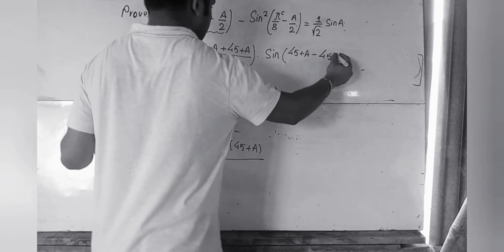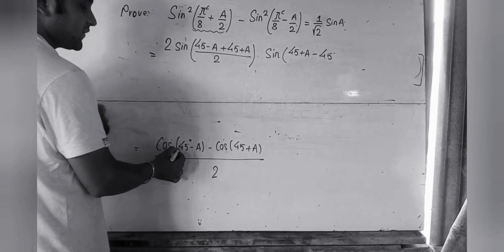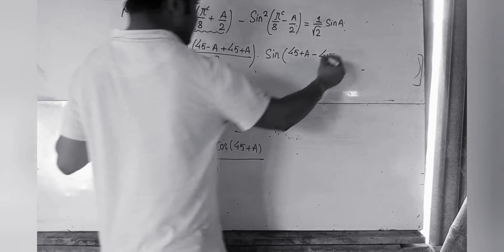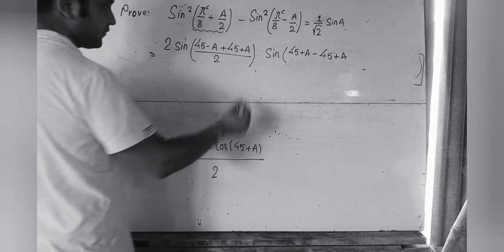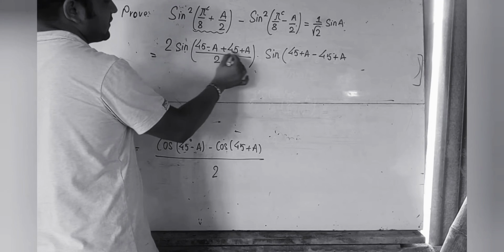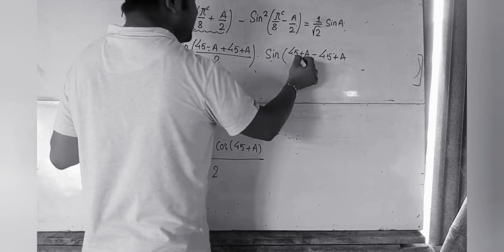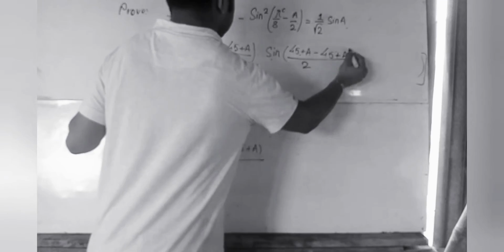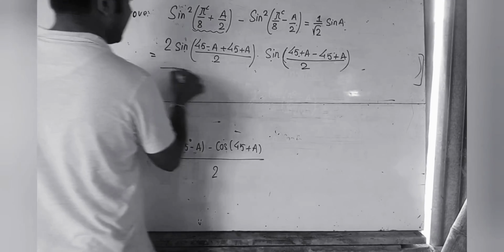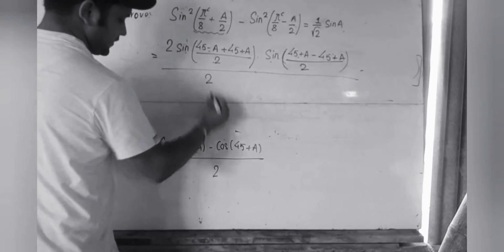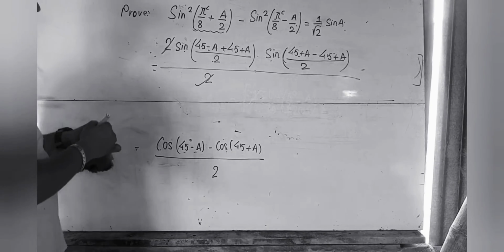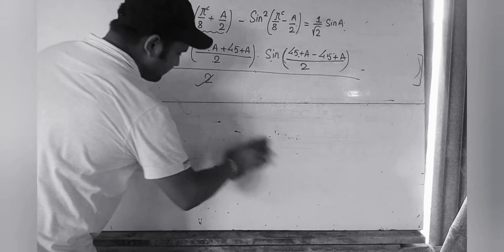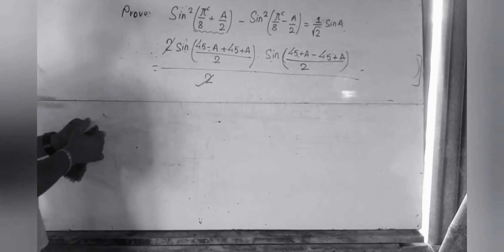Now when this is minus, we need to change the sign: 45 tends to be minus 45, minus a becomes plus a. You have 2 in the denominator already. Now this 2 and this 2 get cancelled. Now after cancelling, let's see whether or not we will be able to get the RHS. Of course we will be able.